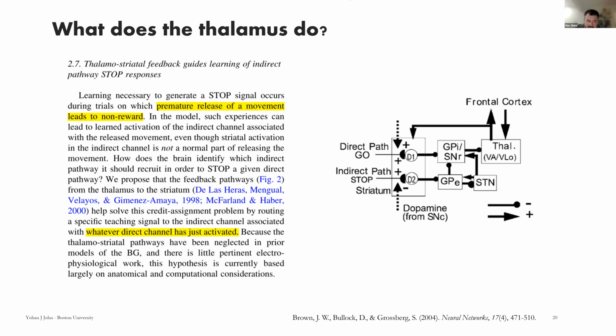So there's a lot of work to be done in this space, but there's some evidence that parafascicular thalamus projects to the cholinergic interneurons of the basal ganglia. And so it has a big effect on them, but I don't know much about the functional space. I know that those pathways are really important for learning, but I don't know about it for credit assignment versus gating or something like that.